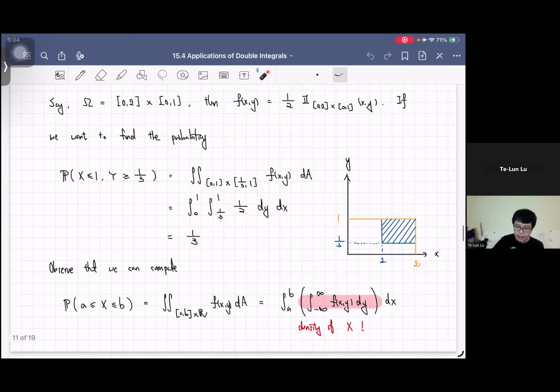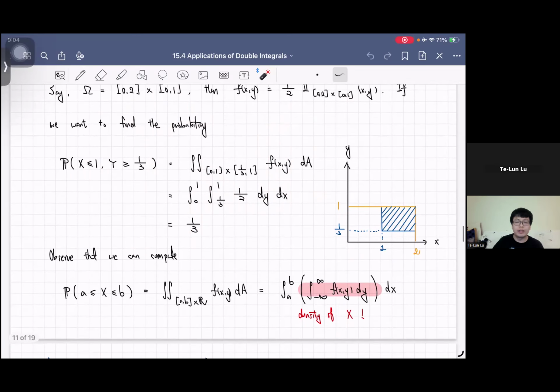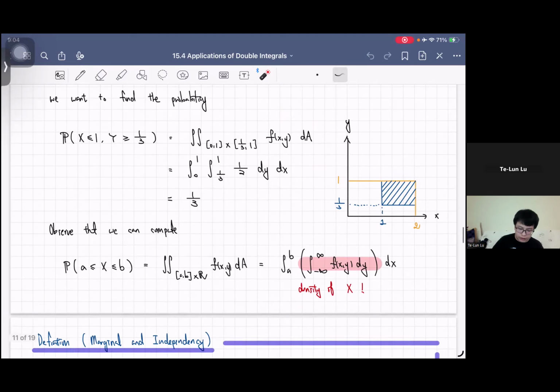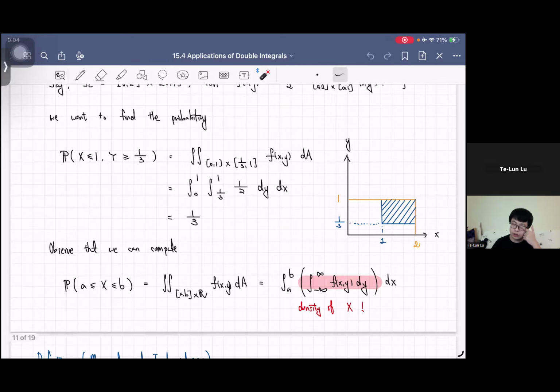Okay, so now how can we connect the one-dimensional random variable and the 2D random variable? There's actually a very nice connection. We can actually recover the distribution of the marginal random variables, X and Y themselves, from the joint distribution. So it contains more information in some sense. Let us see here. What is the probability of X within A and B?